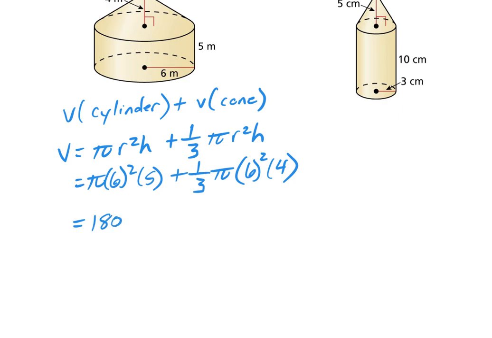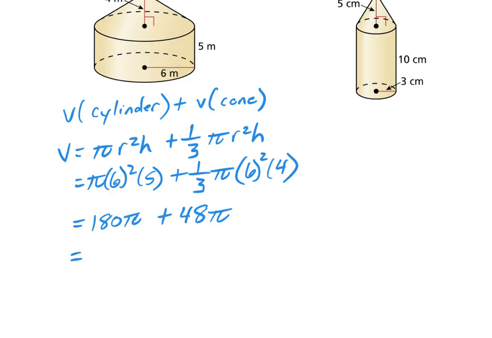I'm going to do this like I did earlier in the lesson. 180 pi: 6 squared is 36, times 5 would be 180. And then here, 36 times 4 divided by 3, or times a third, that'd be 48 pi.